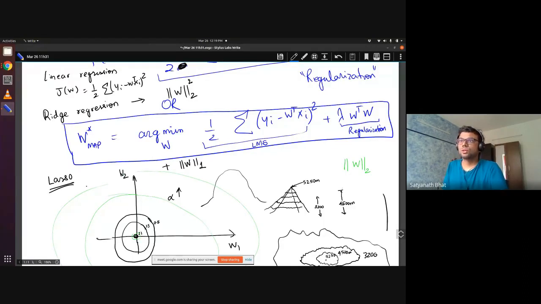The third one is called elastic net, which is a convex combination of these: alpha times 2 norm plus 1 minus alpha times 1 norm, and then you have lambda times this.